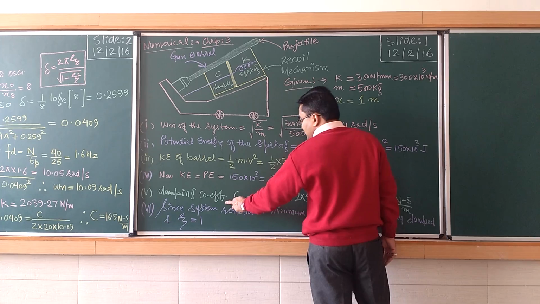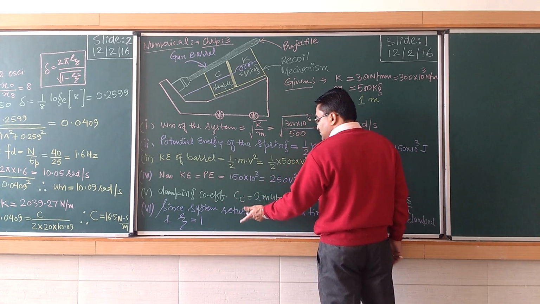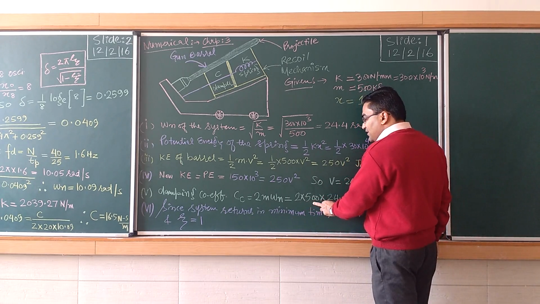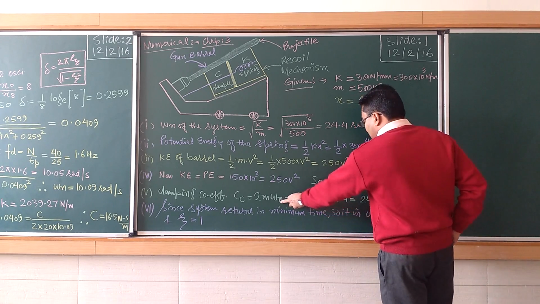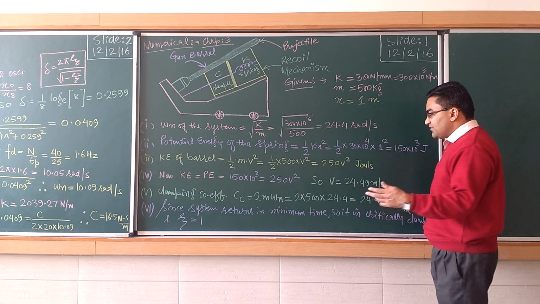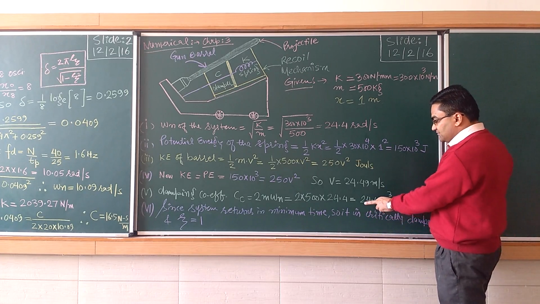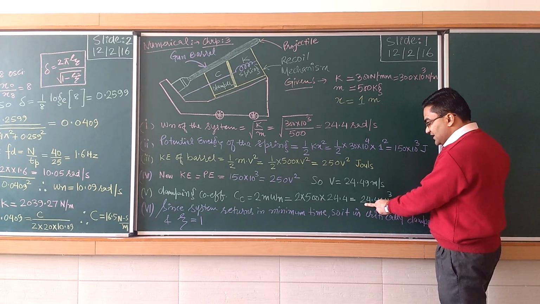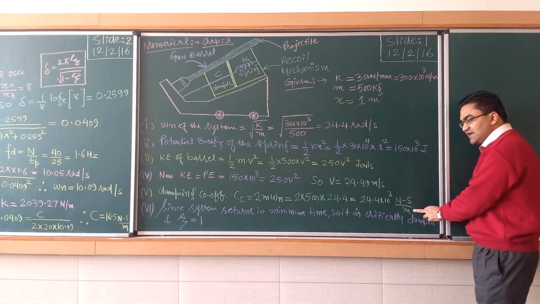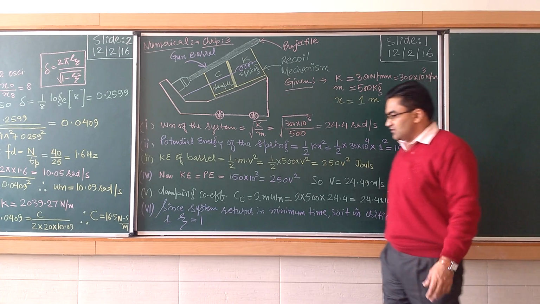So the damping coefficient will be equal to Cc in this case, and Cc is equal to 2m omega n. We know the values. So 2 into m, the value of 500, and the value of omega n you found above, put that here. From here we find the value of the damping coefficient as 24.4 into 10 raised to power 3, and the units are Newton second per meter.